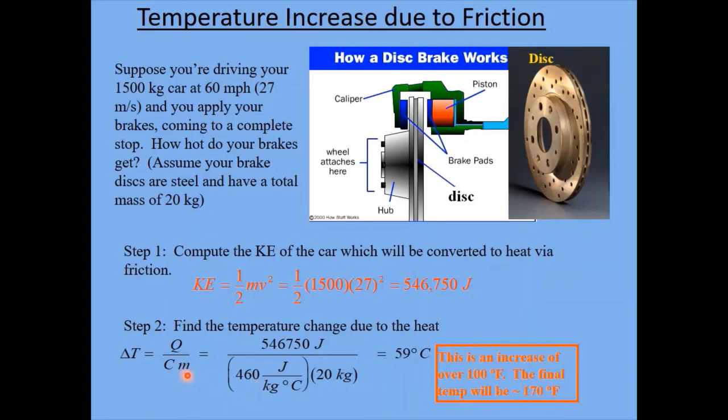And then remember the total mass of the brakes was 20 kilograms. So this big number divided by 460 and also divided by 20 gives us 59 degrees Celsius. And this is an increase of over 100 degrees Fahrenheit. So if the brakes started at room temperature, we're talking about a final temperature of something like 170 degrees Fahrenheit, which is quite hot.